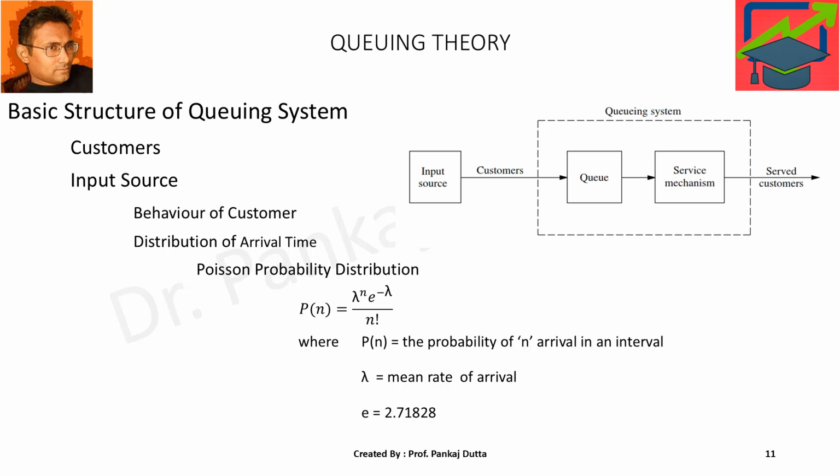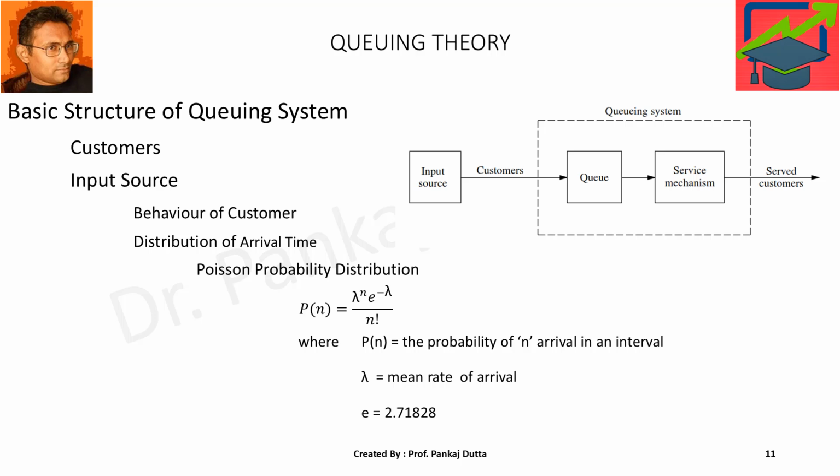There is a relationship between the probability distribution of arrival time and the probability distribution of inter-arrival time. If the arrival rate follows Poisson distribution, then the inter-arrival time follows negative exponential distribution. To be more precise, if the number of arrivals of customers follows Poisson distribution with a mean rate of lambda, then the inter-arrival time follows negative exponential distribution with a mean of 1 upon lambda.